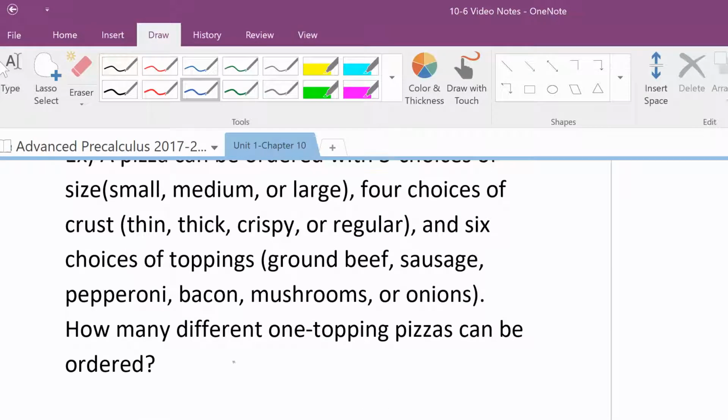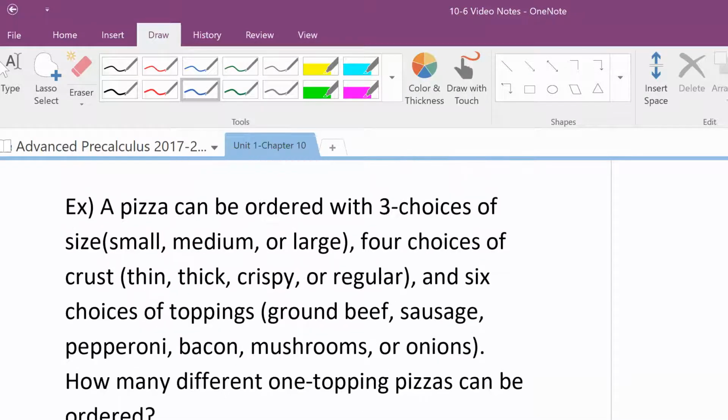So you have 3 choices of size. You have 4 choices for crust, and you have 6 choices for toppings. So you have 72 different pizzas that you could create.